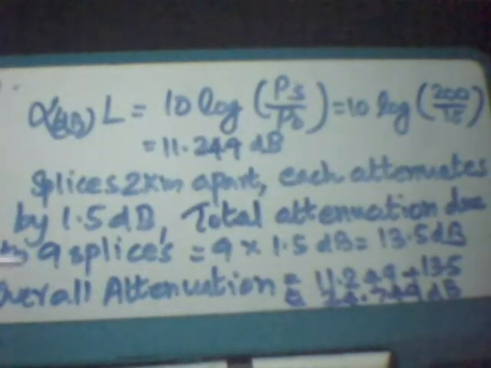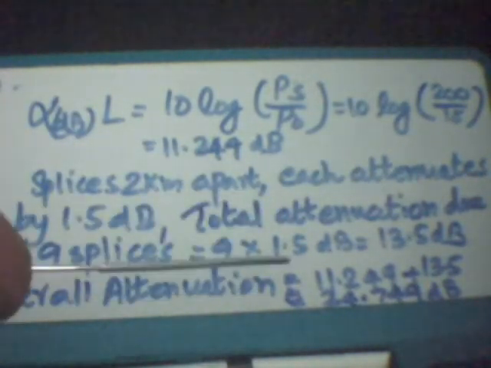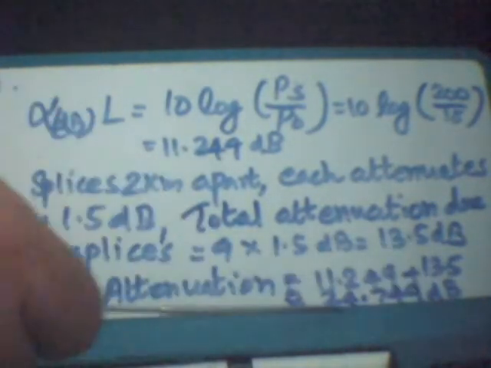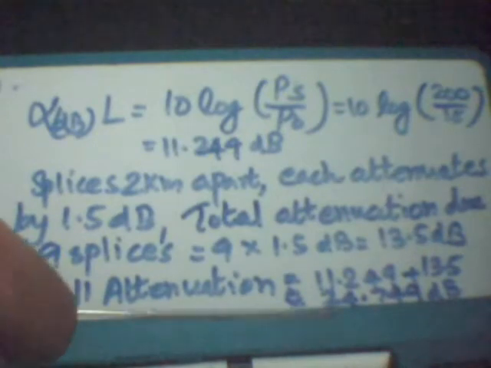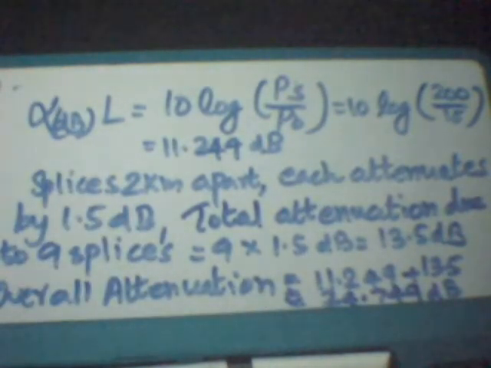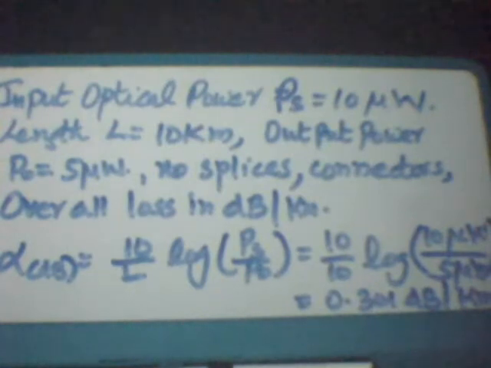So the overall signal attenuation is the sum of the attenuation due to the fiber and the attenuation due to splices. It's 11.249 plus 13.5, which is equal to 24.749 dB.